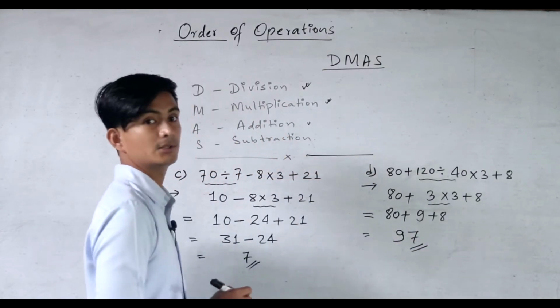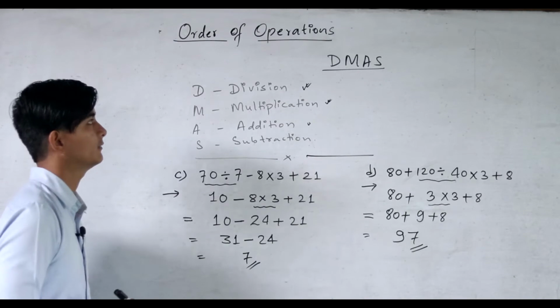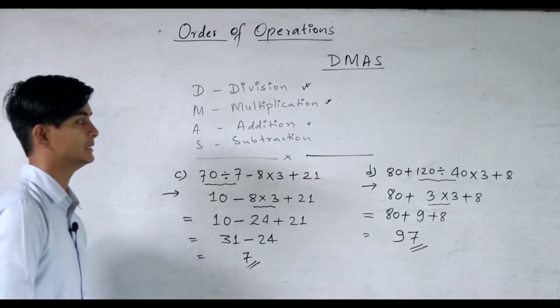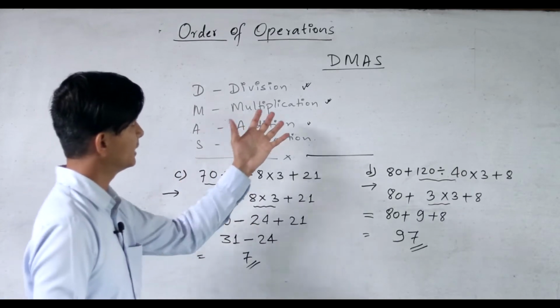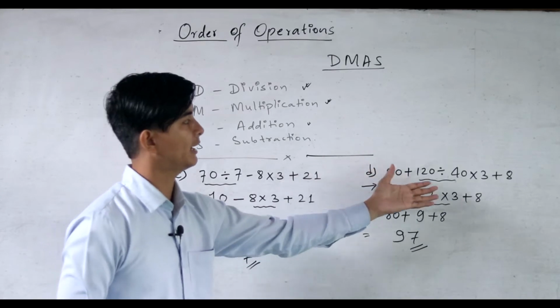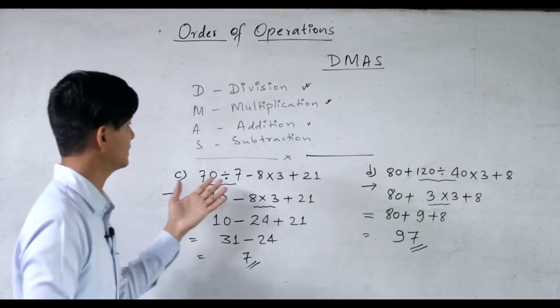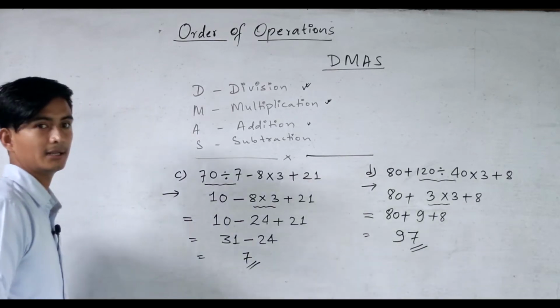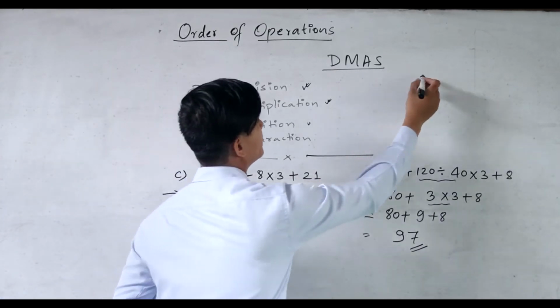Okay, so in this way you can do it by yourself as well. For that, you have to follow DMAS. Till now we have simply done DMAS, because there is no bracket. You can see here there is no bracket. In the next part we will do the bracket as well, which is called BODMAS.